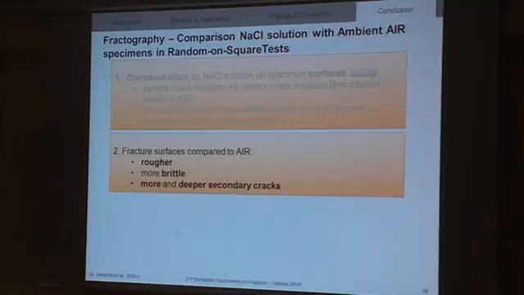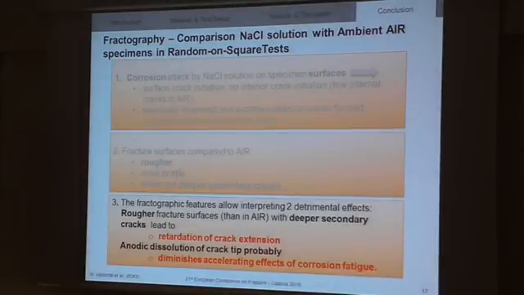Second, the fracture surface in sodium chloride solution compared to air is rougher, more brittle, with more and deeper secondary cracks. The fractographic features allow integrating two detrimental effects: a rougher fracture surface than in air with deeper secondary cracks leads to augmentation of crack extension, and anodic dissolution of the crack tip probably aggravates the effects of corrosion fatigue.